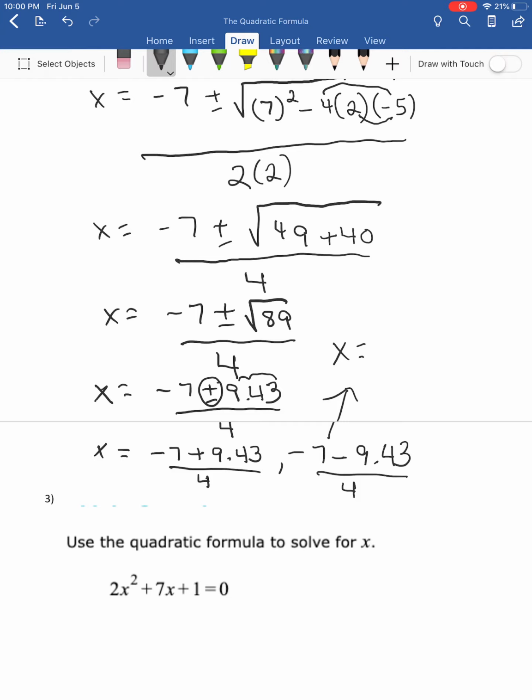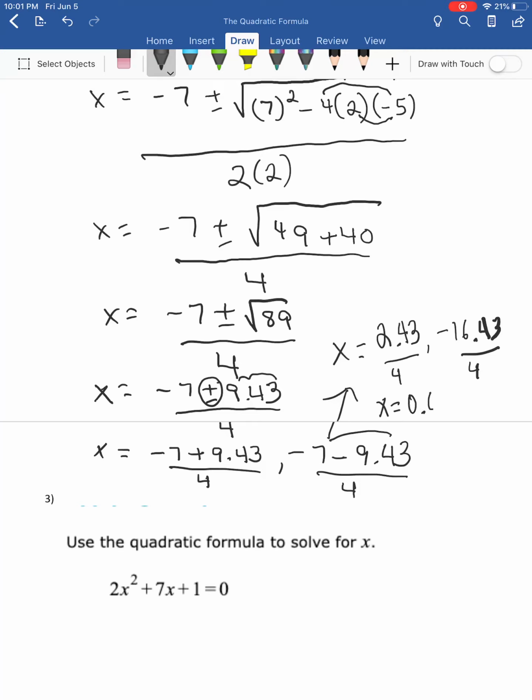Negative 7 plus 9.43 is 2.43 over 4, and the other one comes out to negative 16.43 over 4. Let's clean it up again. 2.43 over 4 makes 0.61.